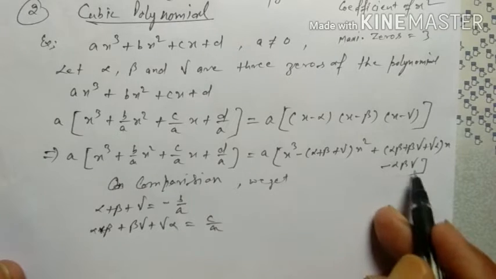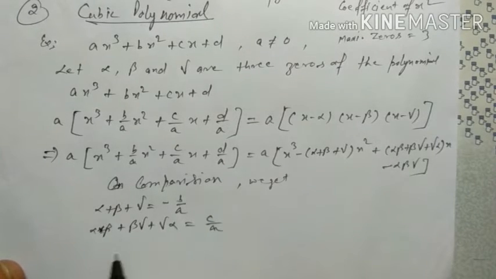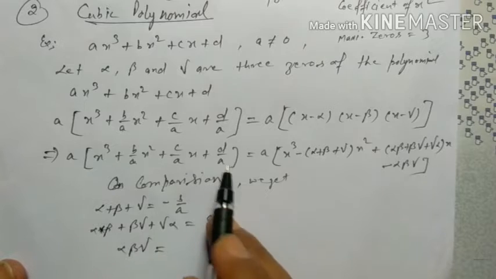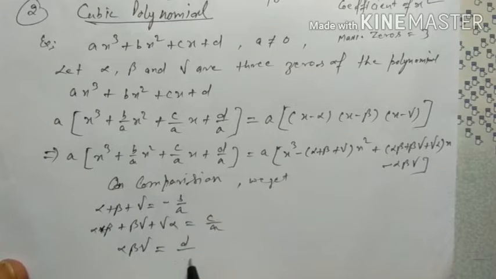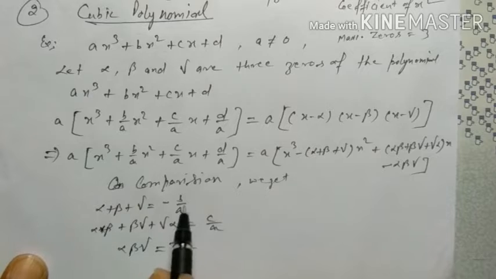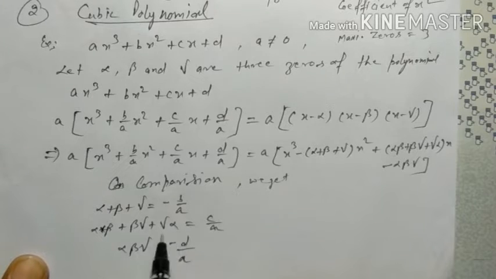Alpha beta gamma equals minus d upon a. The sum of zeros is minus b upon a, the sum of the product of two zeros is c upon a, and the product of three zeros is minus d upon a.